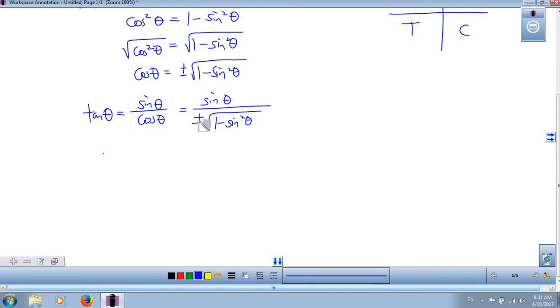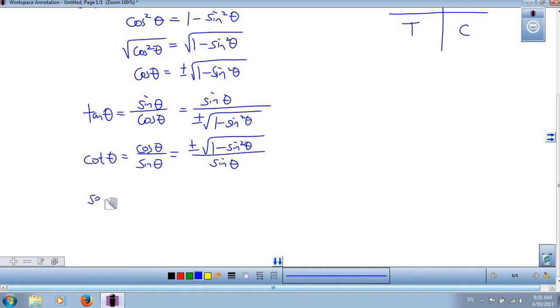Again, there are two answers, one positive, one negative. Now, what about cotangent? Cotangent is cosine over sine, or the reciprocal of tangent. So it's plus or minus the square root of 1 minus sine squared theta, divided by sine theta.